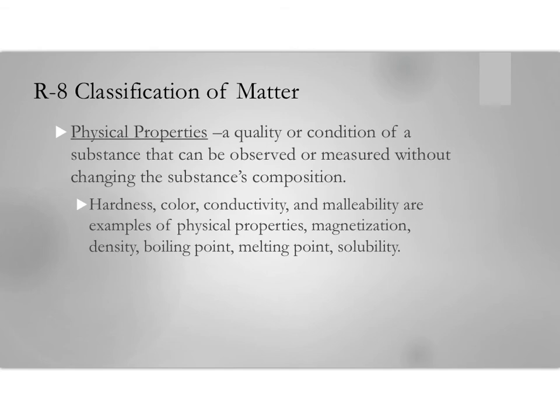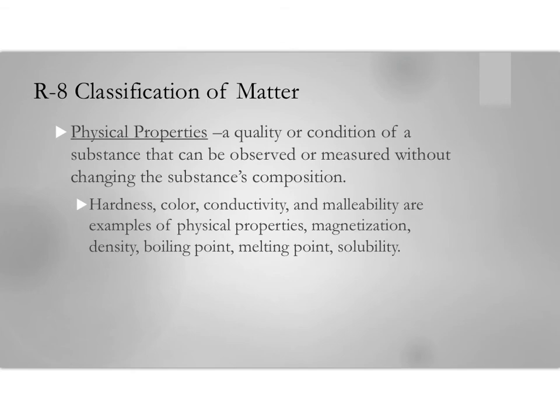Other examples, magnetization, is it magnetic or not, and how strong of a magnet is it? Density, boiling point, melting point, solubility. Boiling point and melting point are physical properties. If you take water and you boil it, the water's going from a liquid to a gas.